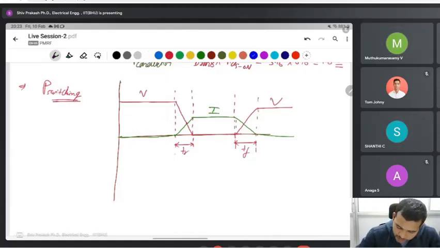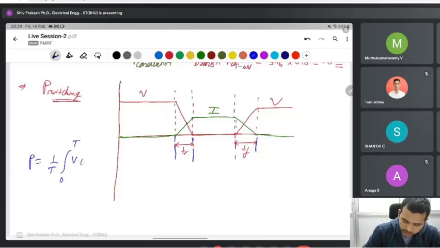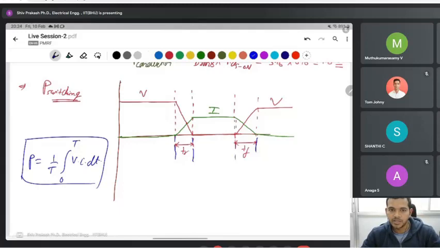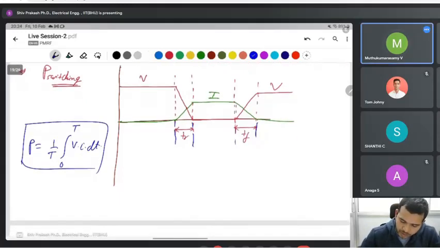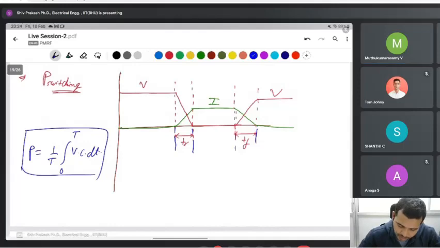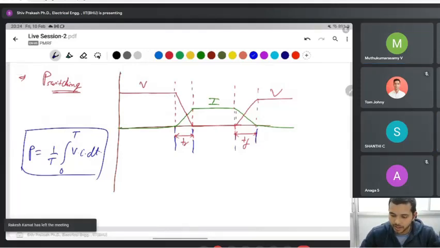I mentioned here that for finding the conduction loss we should have an equation, and power is 1 by T, with total time period T, integral 0 to T of v times i dt. This is the expression of the power of any signal. Then here you can also find power for TR and different expressions.